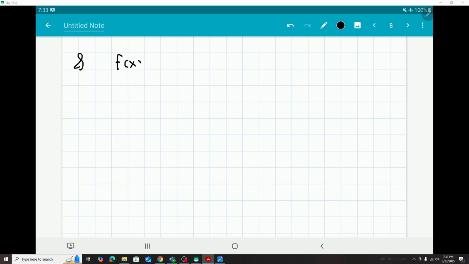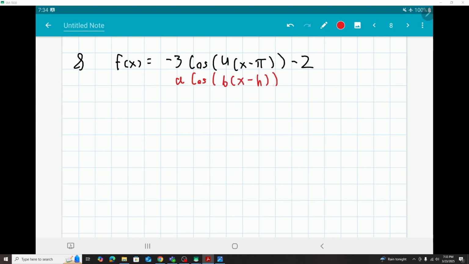So first, let's just have it down here so we can look at it together. Minus 3 cosine of 4x minus pi, minus 2. And if we go back, the standard form is a cosine of b times x minus h, plus k. That tells us everything about the function.